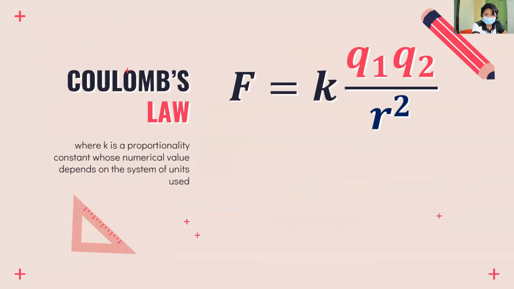Recall lang tayo. Where K is a proportionality constant whose numerical value depends on the system of units. So, ano nga yung formula ng K? Or kung ano yung constant, anyone? May nakakatanda ba? Yes, Asher.